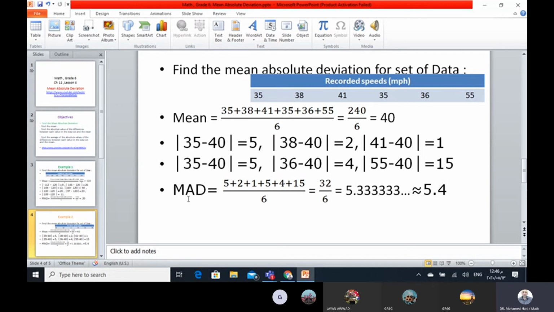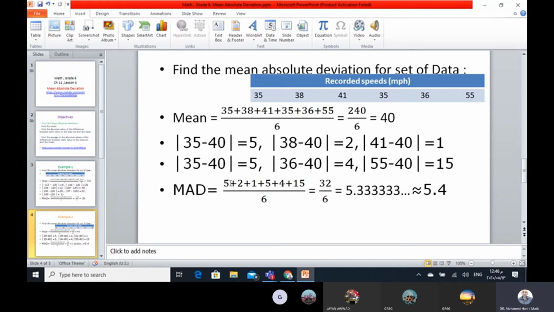The third step, MAD, mean absolute deviation. Find the average of all these numbers. So I can write 5 plus 2 plus 1 plus 5 plus 4 plus 15, divided by 6.